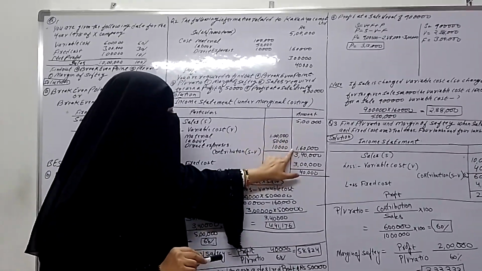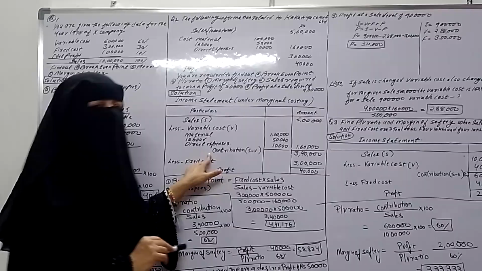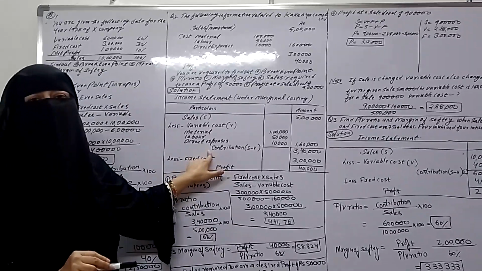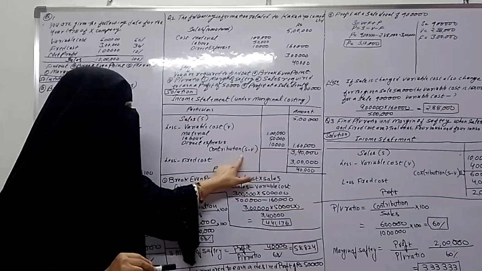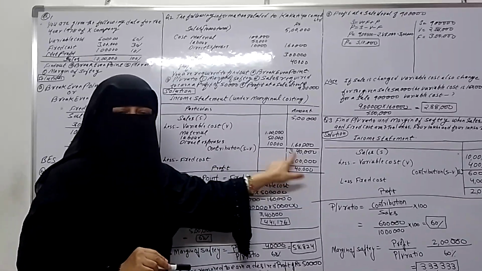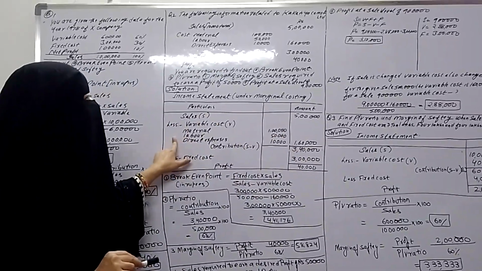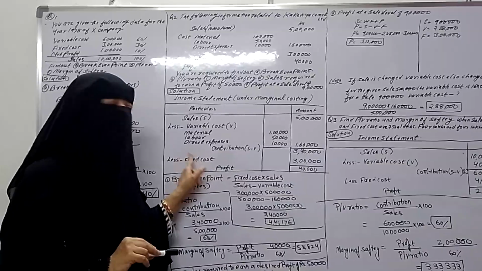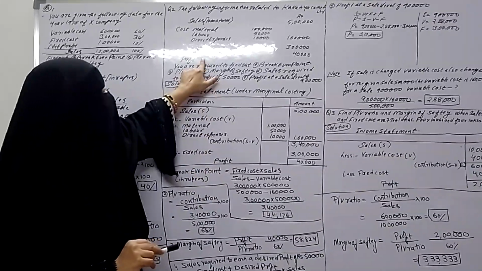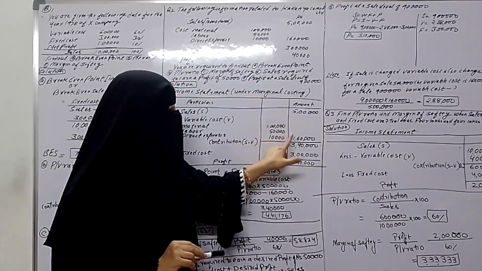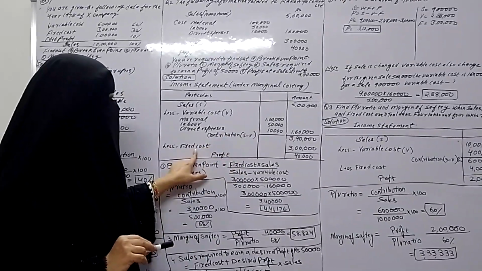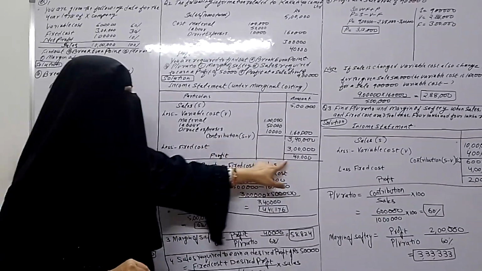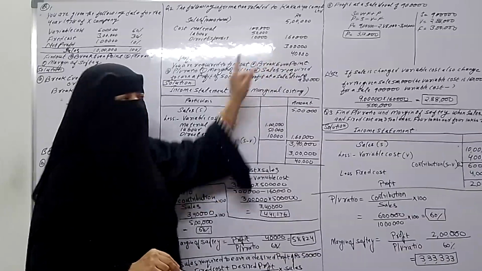So sales minus variable cost, we get the contribution, because formula of contribution is sales minus variable cost. So S minus V, we get the contribution. From the contribution, if we subtract the fixed cost, we will get the profit. Fixed cost is also given, 3 lakh. So contribution minus fixed cost, remaining 40,000 is the profit.